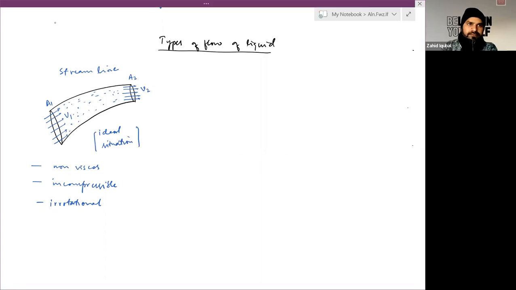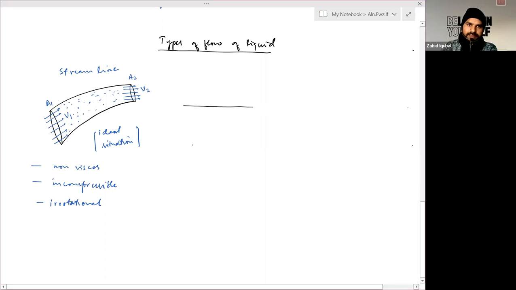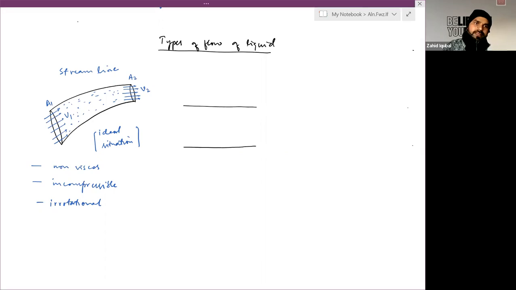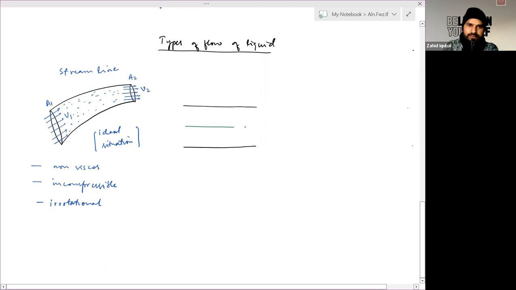Next is, suppose there is a tube in which the middle layer will move at maximum velocity, and the side layers, due to opposition by neighboring layers as well as the wall of this particular tube, may get slower.